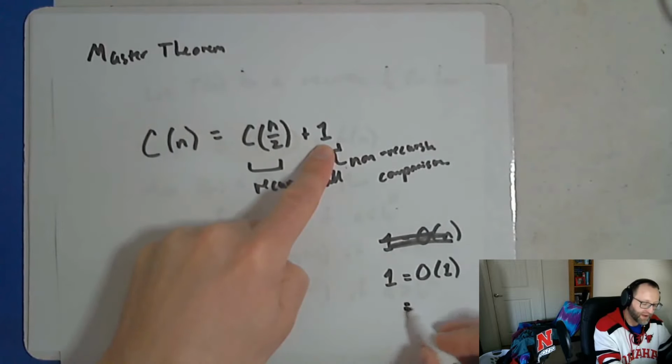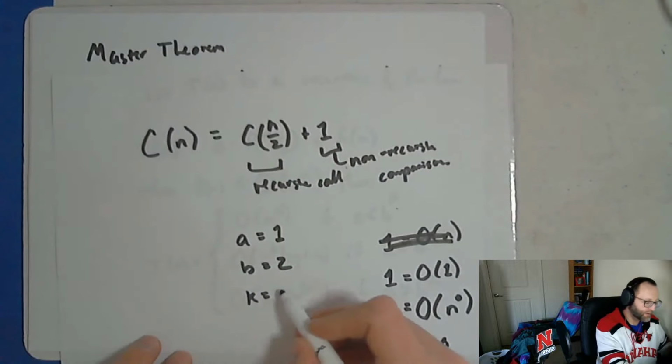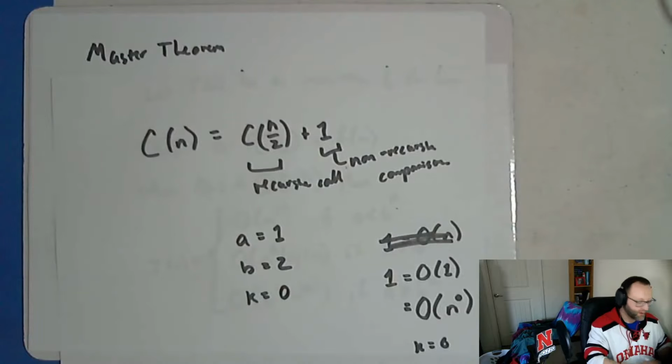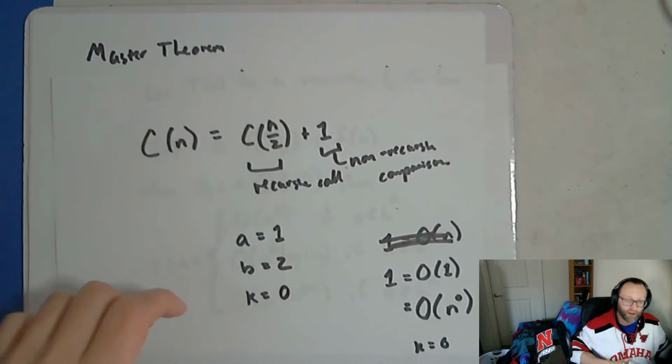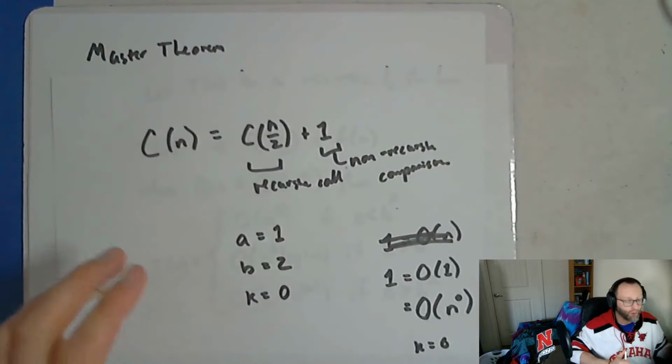Well, what's my K then? Hopefully you see that this is a degree 0 polynomial. So my K is going to end up being 0. Okay? It's just plug and chug at that point. All you have to do is set up a recursion. That's the real magic. That's where all the work is.